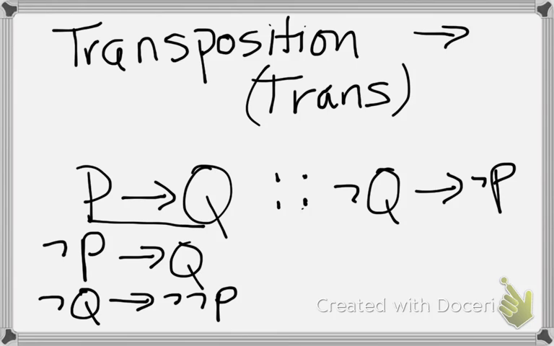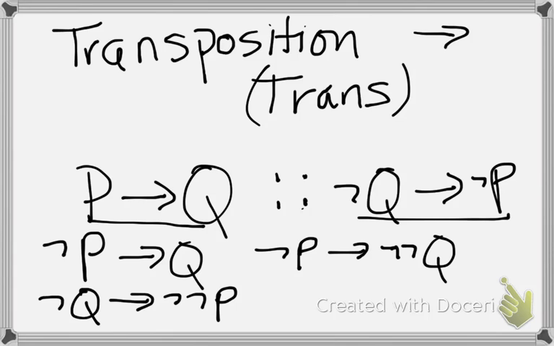Or you could double negate the Q, so it would be not P arrow not Q, and then you can do this version of the rule of transposition on it.